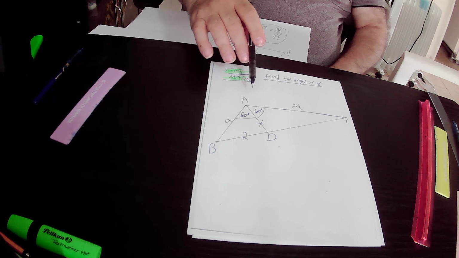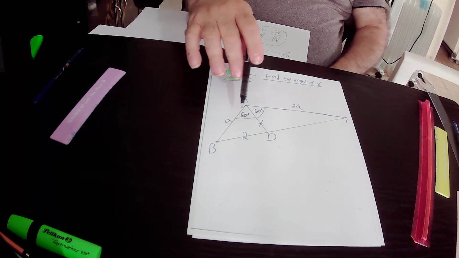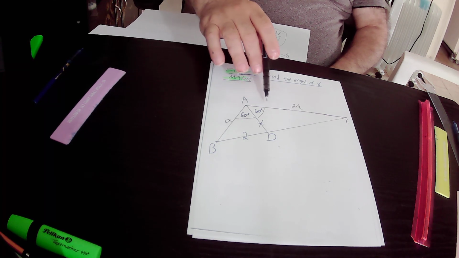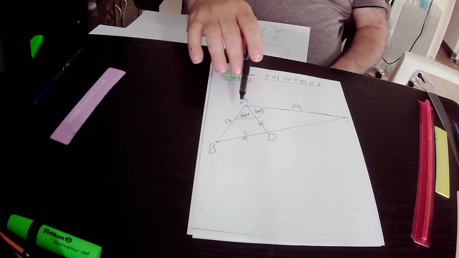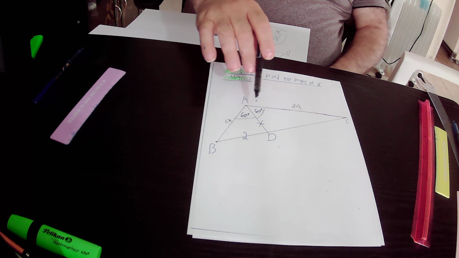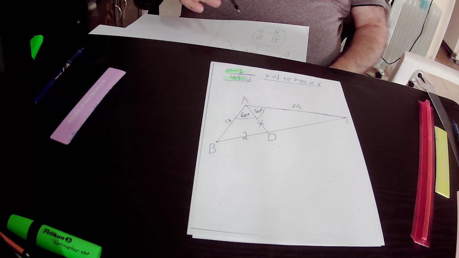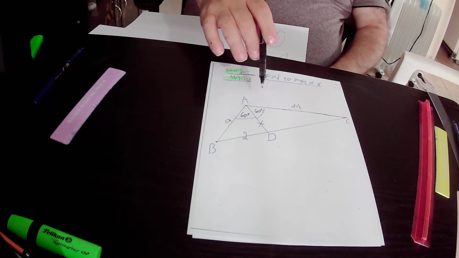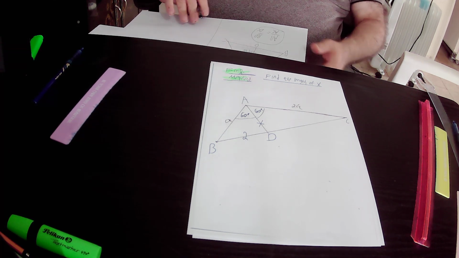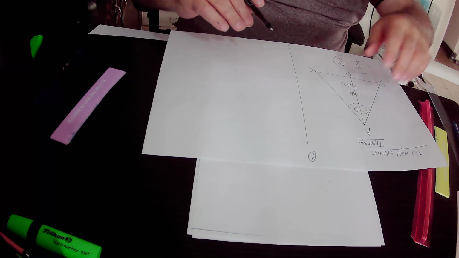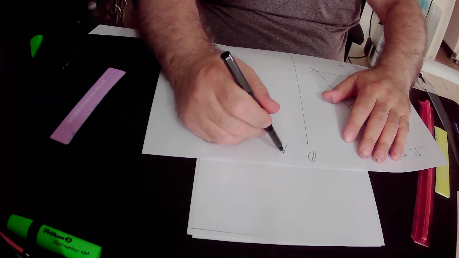Each half equals 60 degrees. So angle BAC equals 120 degrees, and it divides angle BAC into two halves, each half equals 60 degrees. That is the reason that we can implement the angle bisector theorem in triangle ABC. Okay, so we'll implement the angle bisector theorem in triangle ABC.